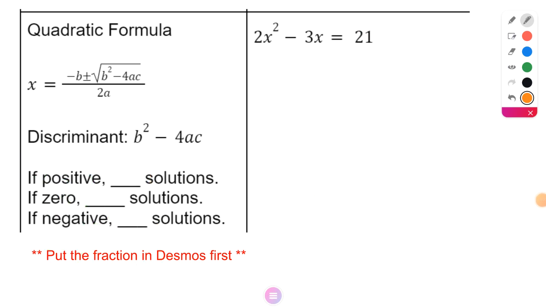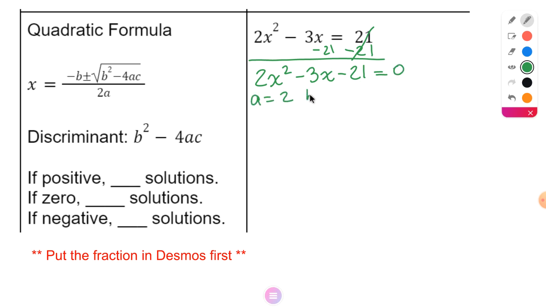All right, quadratic formula. Quadratic formula is the one that looks the worst, but it's actually the easiest to do. So first thing, make sure it's in standard form, ax squared plus bx plus c. So in this case, we got to move the 21. So 2x squared minus 3x minus 21 equals 0. A is 2, b is negative 3, c is negative 21. Now, you are just filling in quadratic formula.